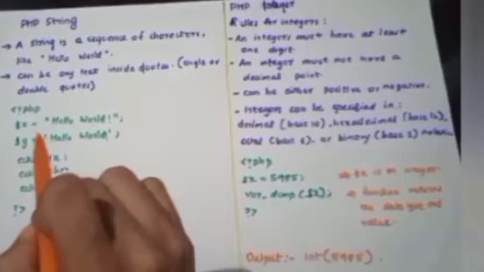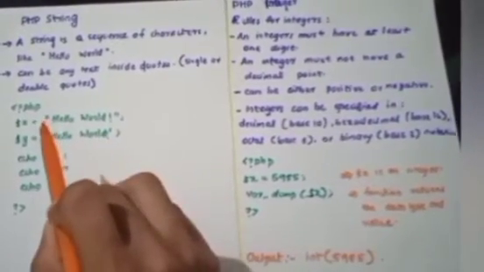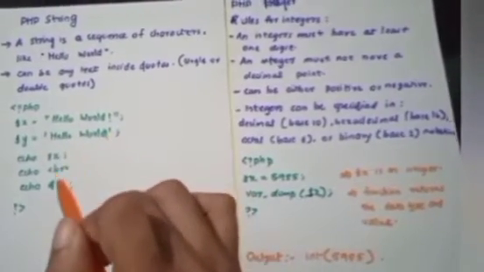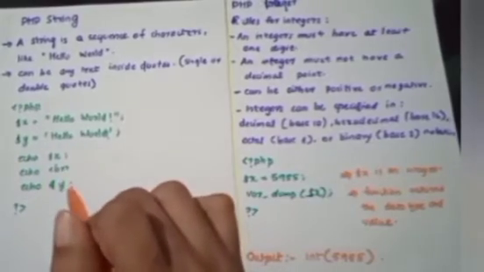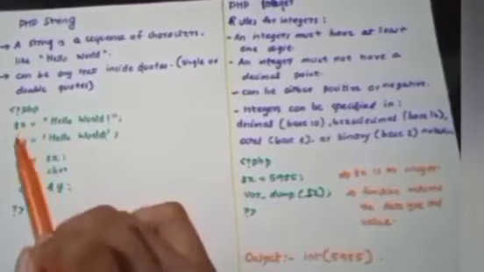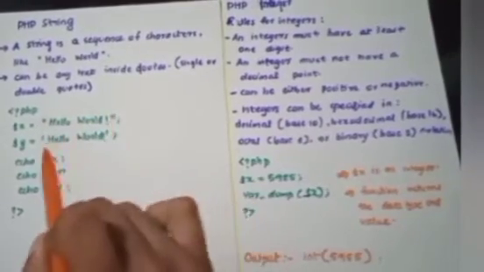In the second variable, y, we have the same word, but the first one uses double quotes and the second one uses single quotes. Now we output each of them using echo, and both will work, because we defined each variable correctly with proper punctuation.